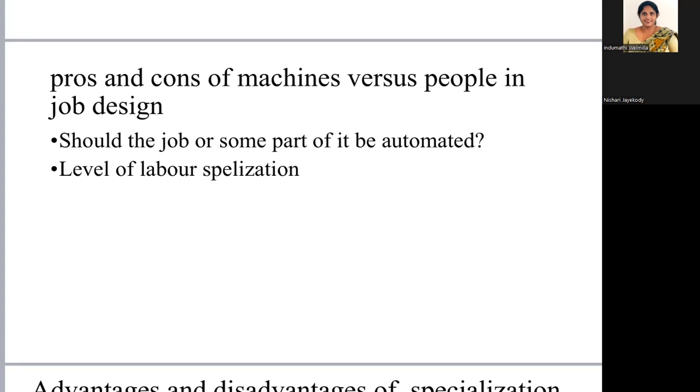Obviously, machines do some things better than people, whereas people do other things better than machines. For example, we use a calculator to do arithmetic. When we need a high level of accuracy, we can use the calculator and get a very accurate answer.